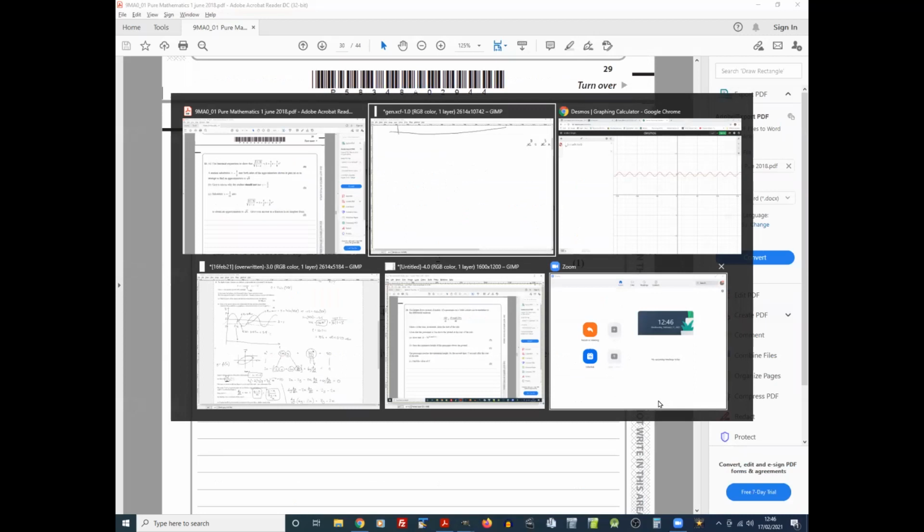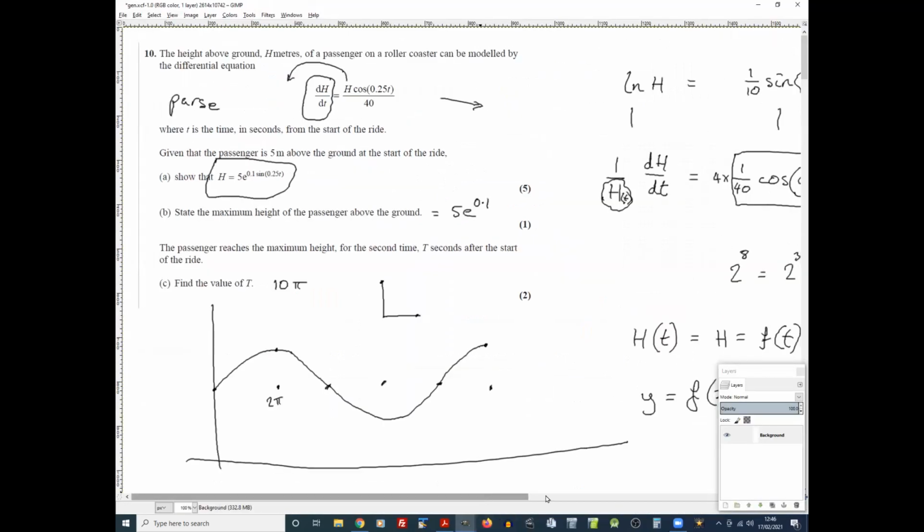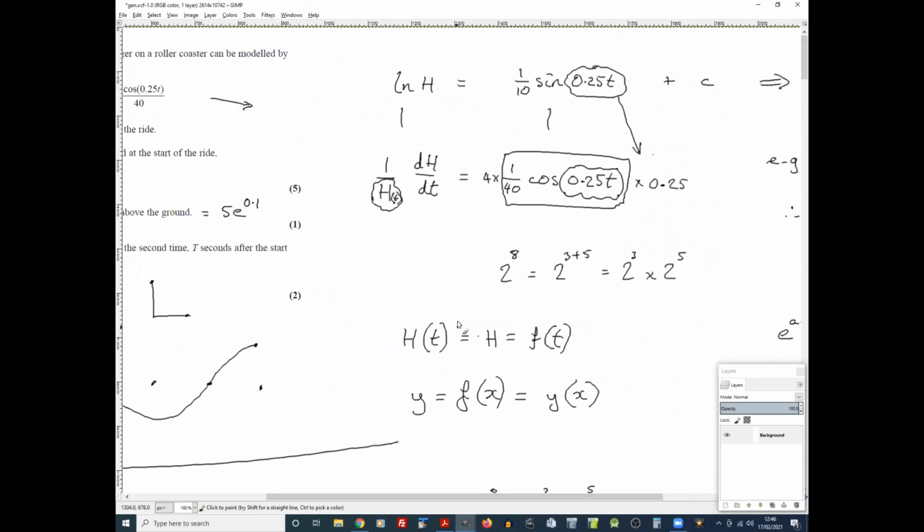Next. And basically, let me just quickly say what happened here. If your differential equation looks implicit rather than explicit, you don't necessarily have to make it explicitly in terms of t, but you try and separate the variables so that you can solve in that fashion using the chain rule on the left-hand side.